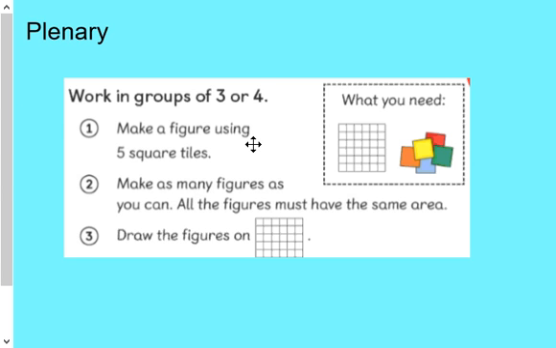Okay, so whereas before we looked at using 4 square tiles and 3 square tiles, how could you come up with any ideas that might use 5 of them? And can you make as many shapes as you can? Okay, just remember, all of the shapes or all of the figures must have the same surface area, which will be 5 squares.